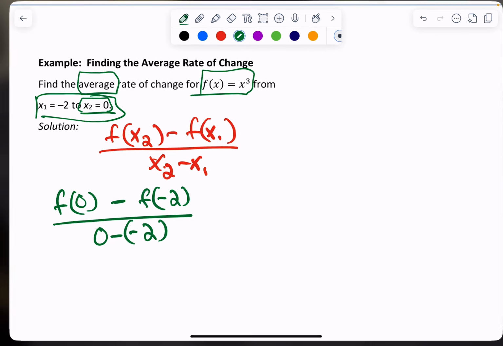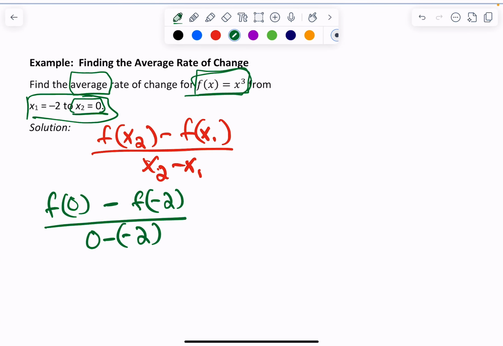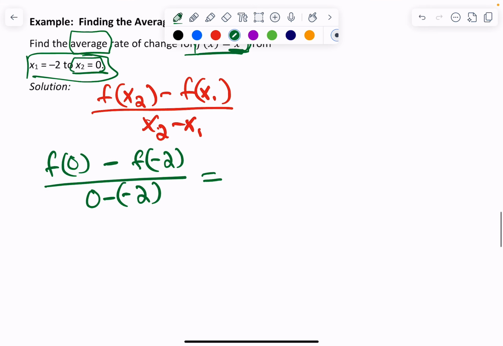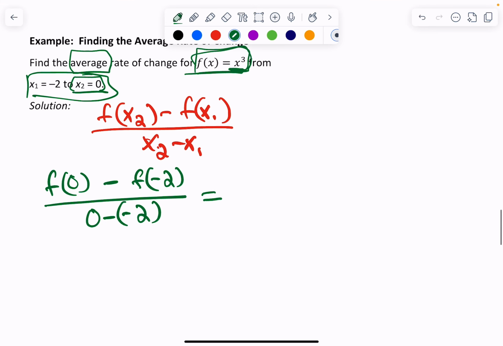Okay, now we need to plug in f of 0 and f of negative 2 into here. So 0 cubed minus negative 2 inside the parentheses cubed. And then in the denominator we can just distribute: 0 plus 2.